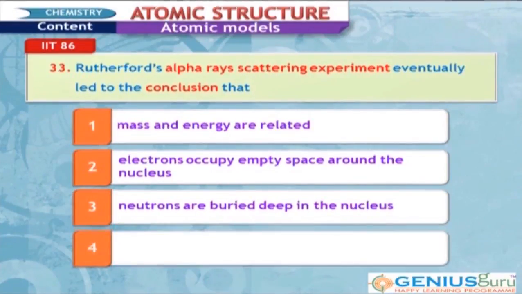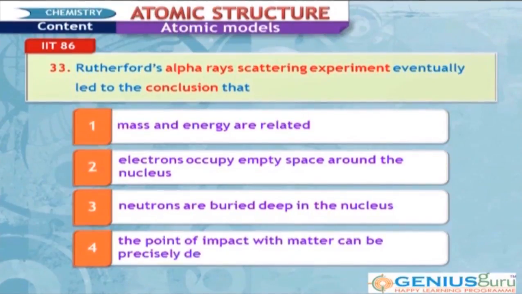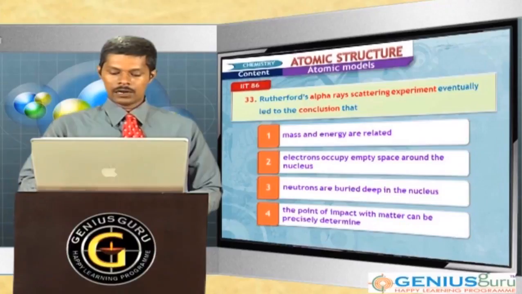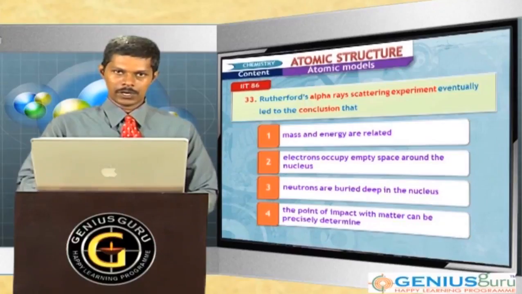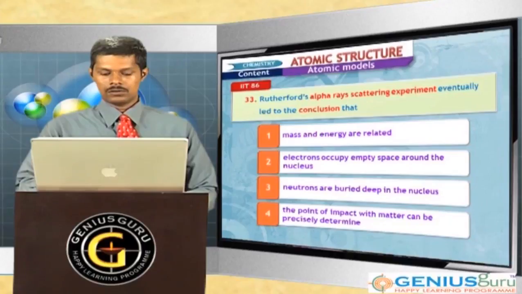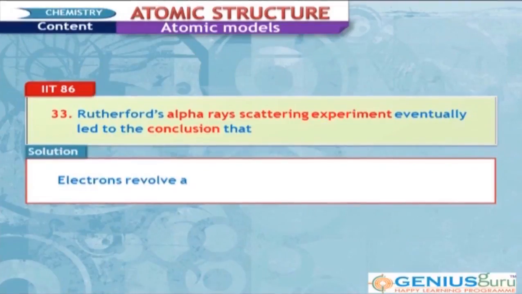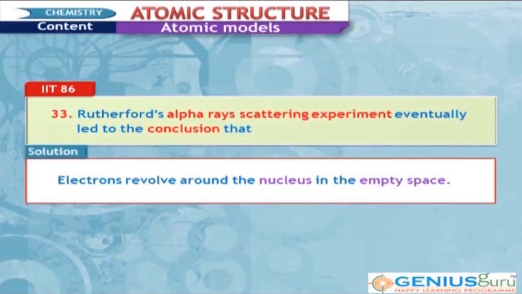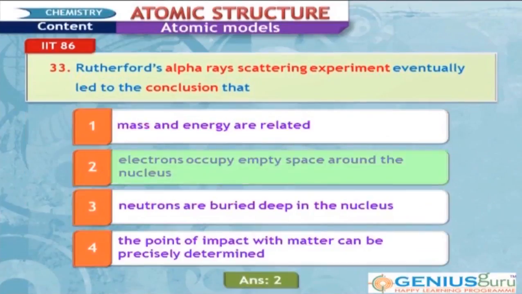And fourth option, the point of impact with the matter can be precisely determined. This Rutherford alpha ray scattering experiment reveals the position of the nucleus and the fundamental particles, that means electron, proton and neutrons. Here the electrons revolve around the nucleus in the empty space. This is the position of the electrons. Hence the correct option is 2.